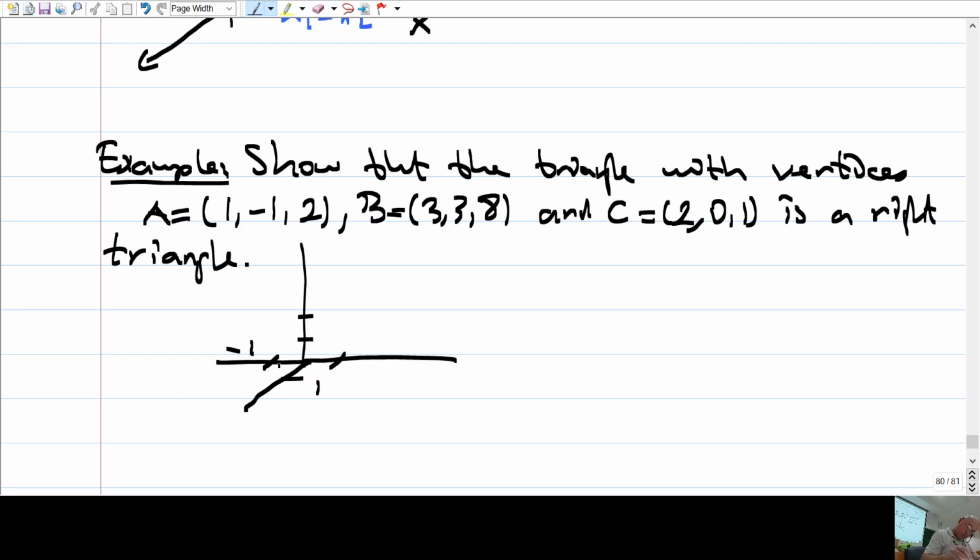So that point is where, and then you go 2 units here. So A is somewhere here.